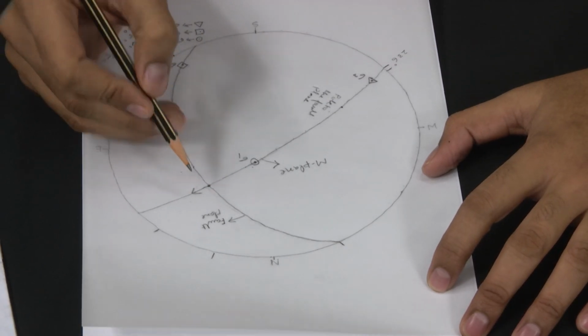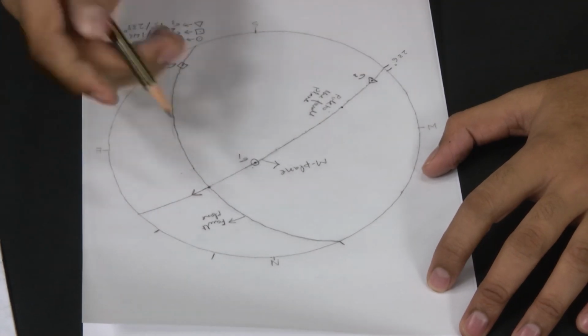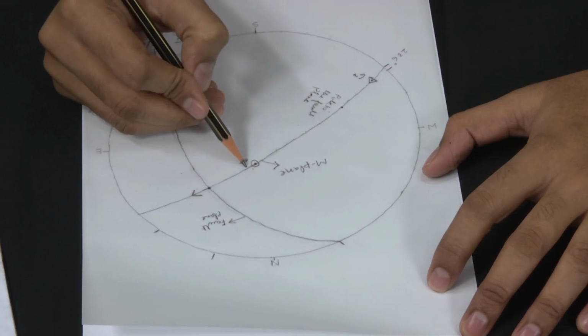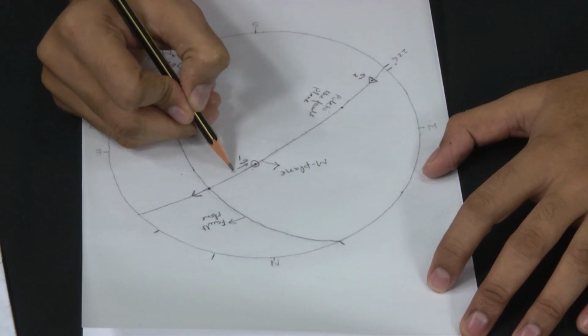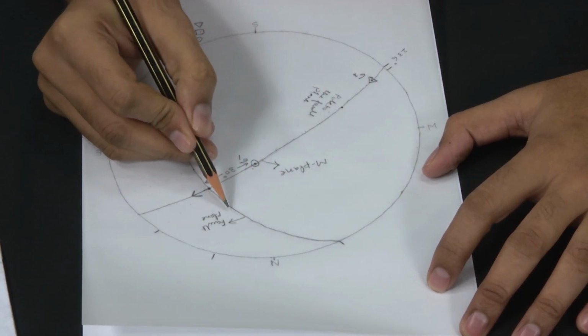So, this is a normal fault. The movement of the fault plane should be towards the dip direction, and sigma 1 should be counted opposite to the dip direction at 30 degrees from the fault plane.